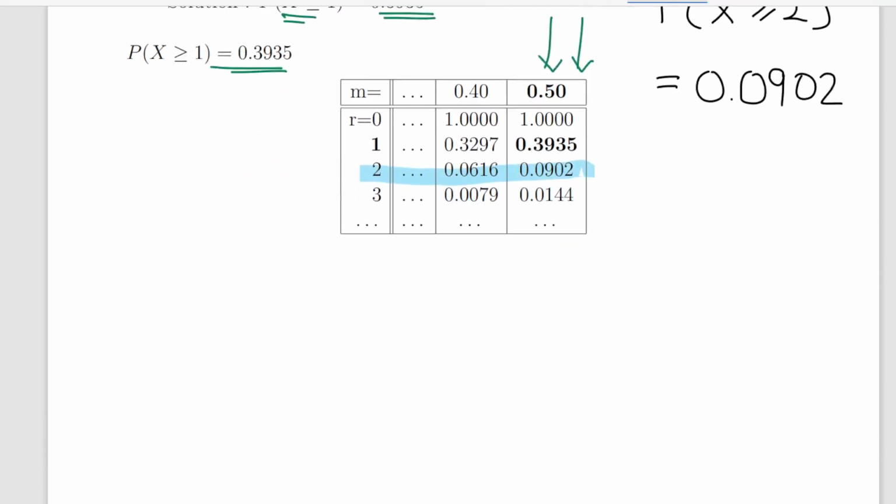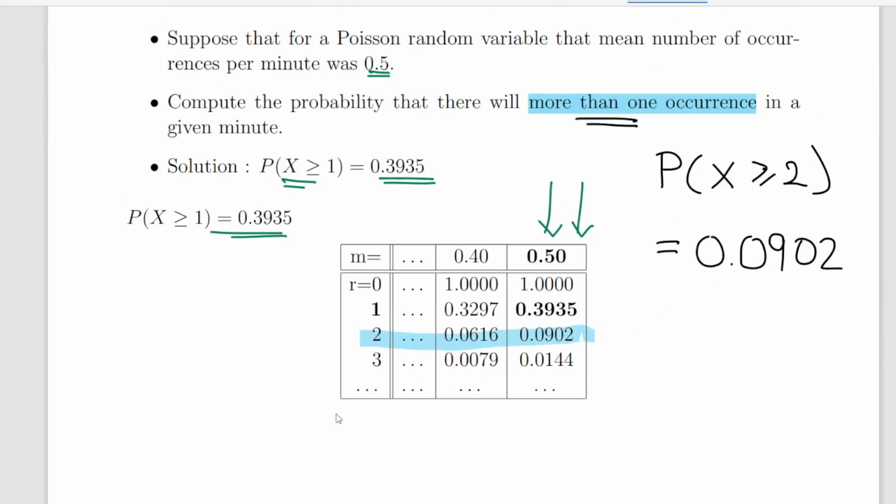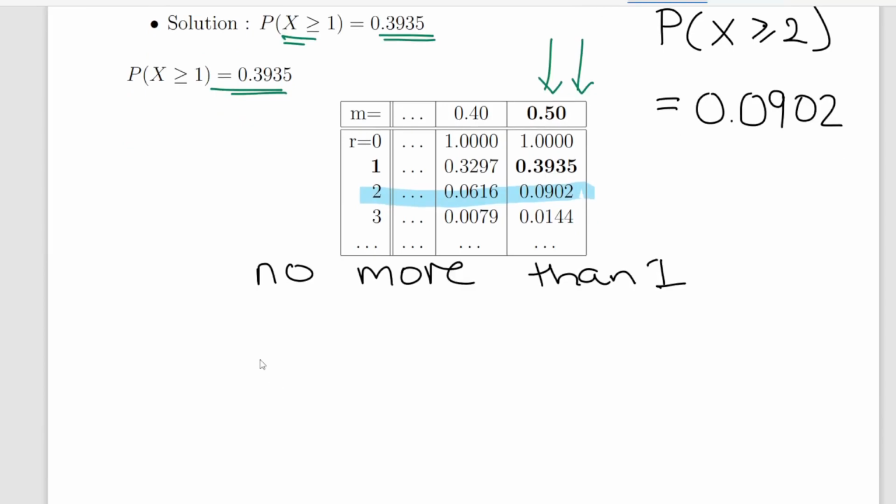I'll tell you what, just one more. No more than one. So just adding a third variation. That's the probability of x less than or equal to 1. And we will use the complement to solve the question.